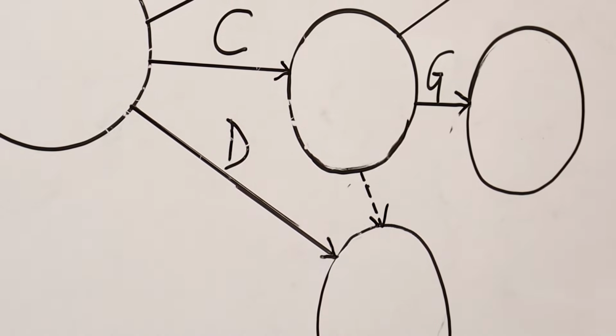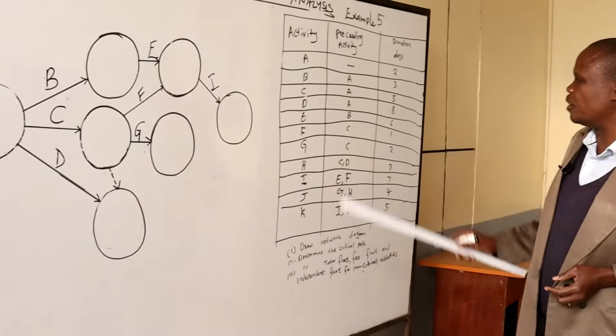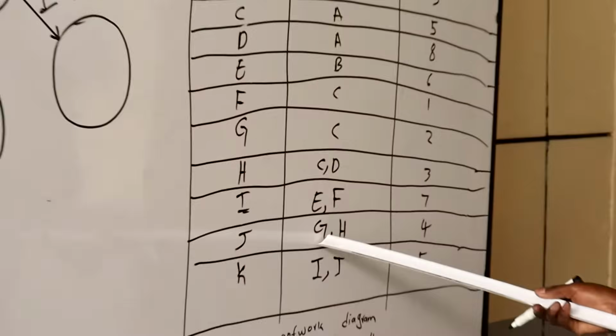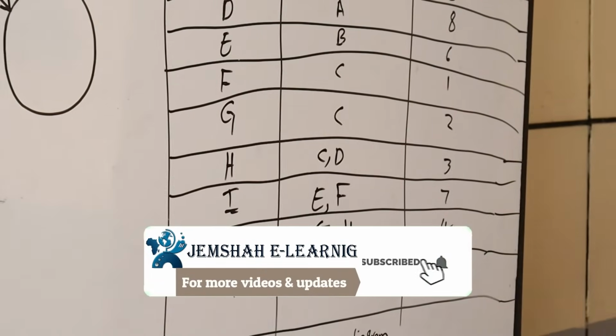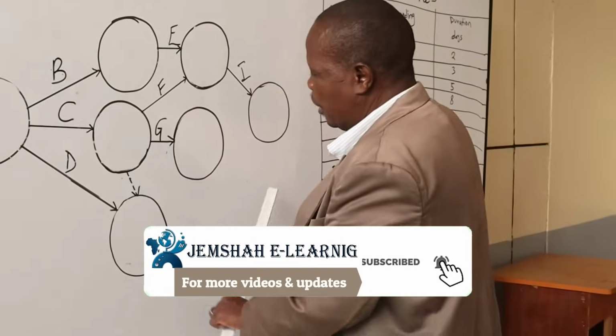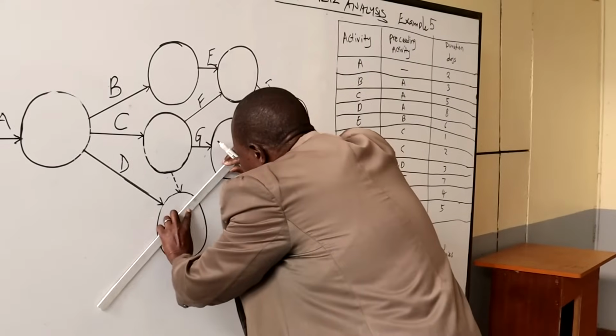So C and D are converging to give rise to H, but H is converging with G. So H moves from there, H moves from here.